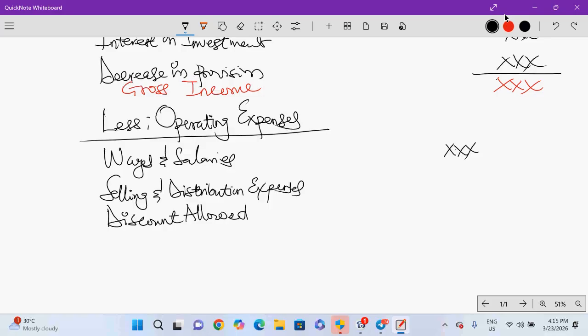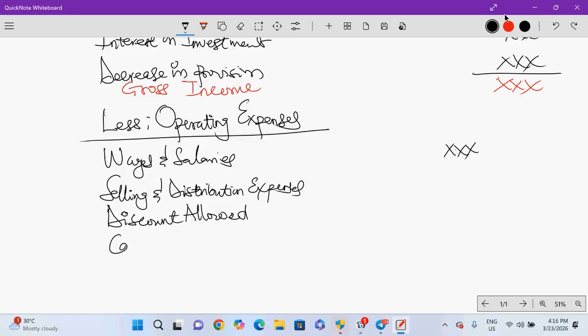If someone is supposed to pay 10 cedis and you say, I'm giving you a discount, so you pay 9 cedis, that one cedi the person is not paying is an expense to the business. So that is a discount allowed. What else?